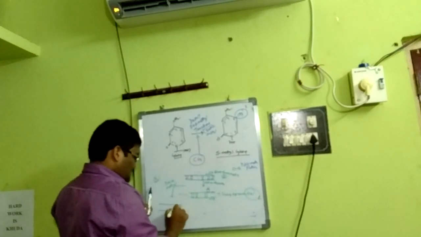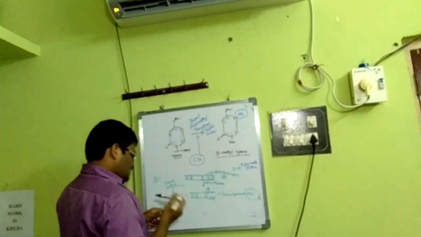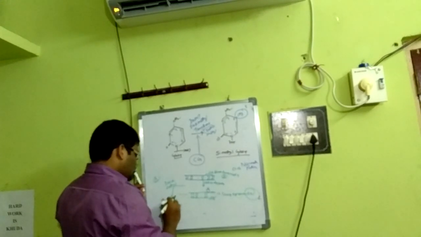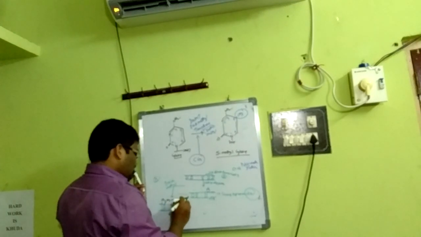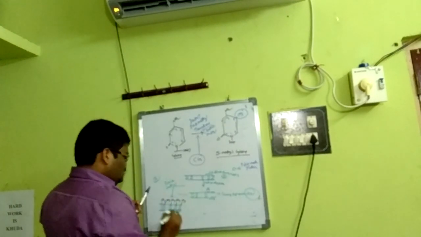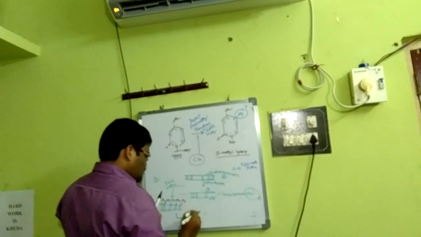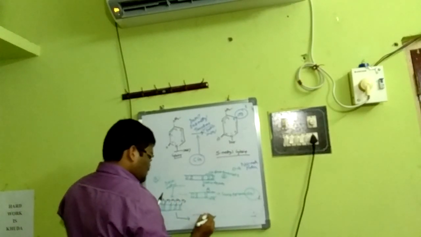Then the CG sequences carry methyl groups, CH3, CH3, CH3, CH3, and this leads to blocking of the genes.